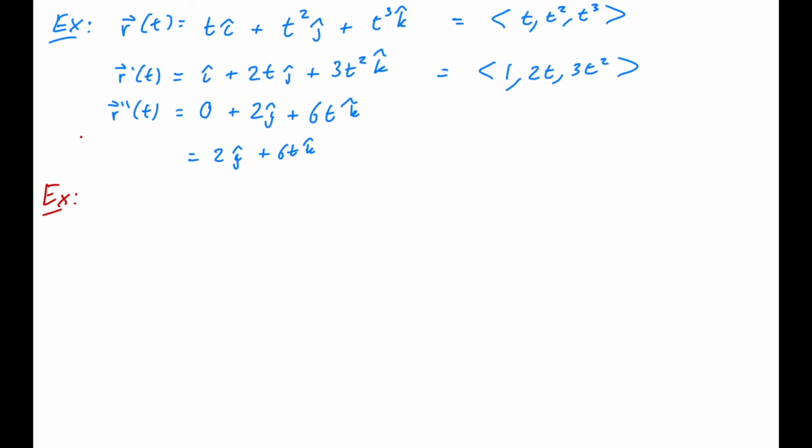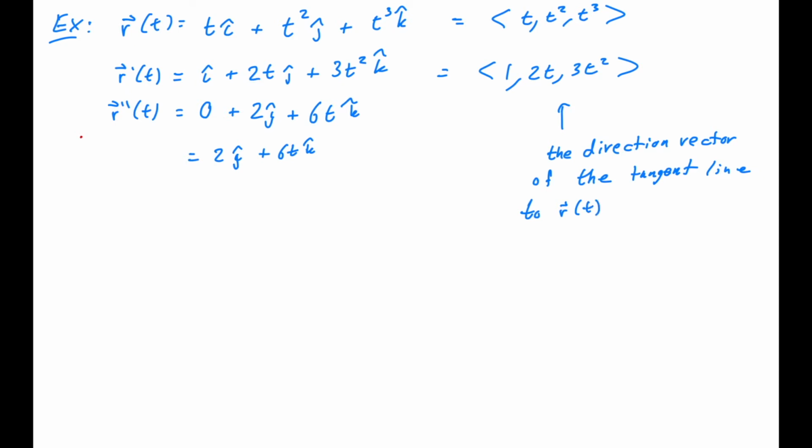What do these represent? This vector is the direction vector of any line, of the tangent line to r of t, the space curve, at any t value.